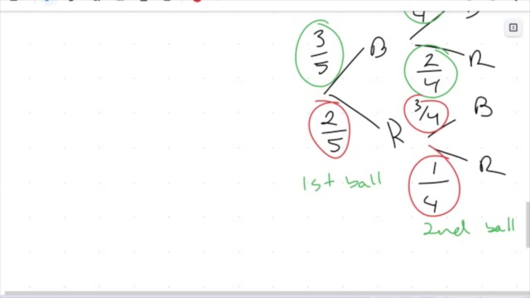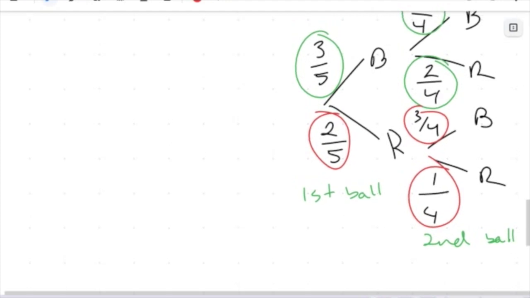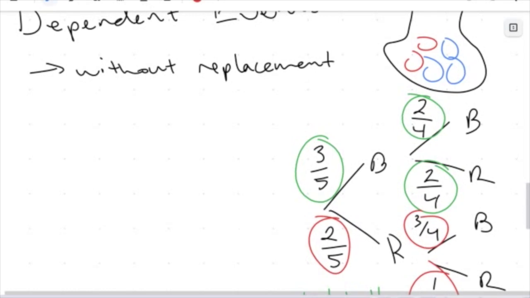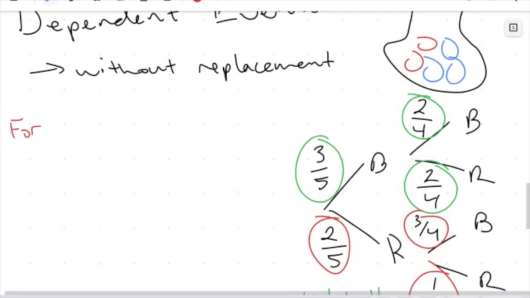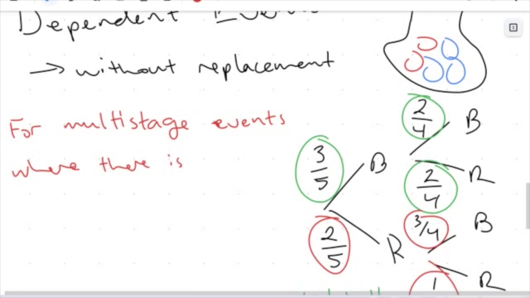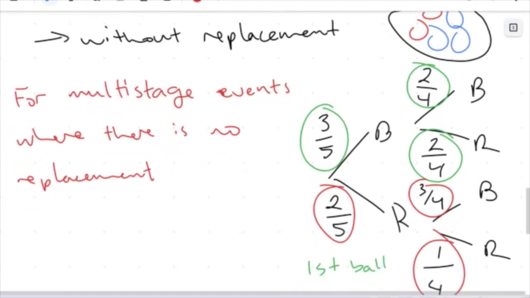So therefore, we can say that for multi-stage events where there is no replacement, or where we're looking at without replacement, successive events, so one happening after another, are not independent.